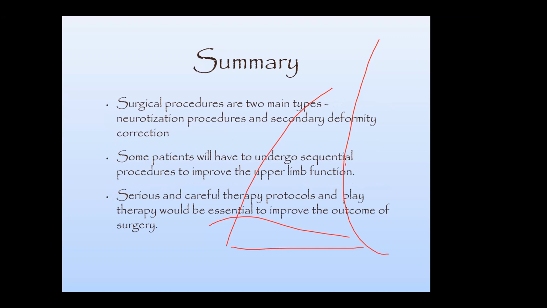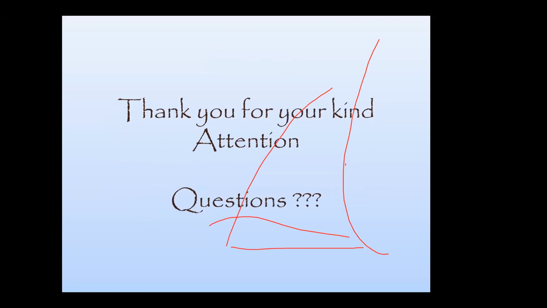Surgical procedures are of two main types: neurotization procedures and secondary deformity correction procedures. Some patients will have to undergo sequential procedures to improve upper limb function. Serious and careful therapy protocols and play therapy would be essential to improve the overall outcome of the surgery. And thank you. I think I skipped to the time.